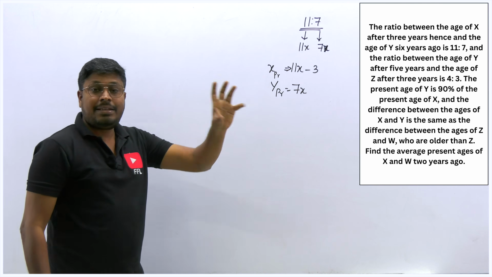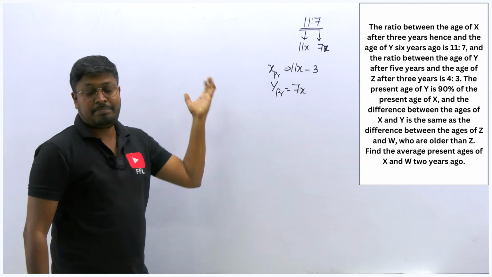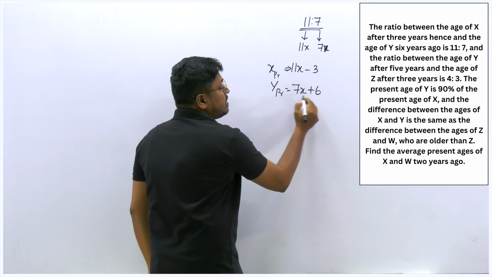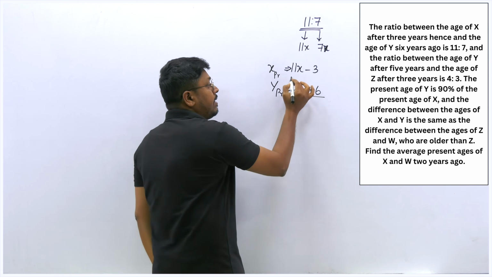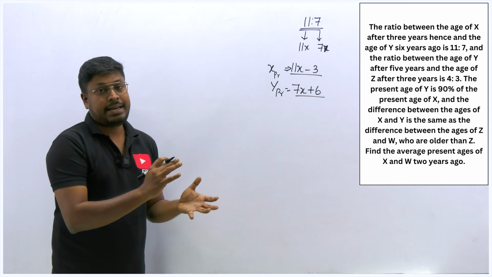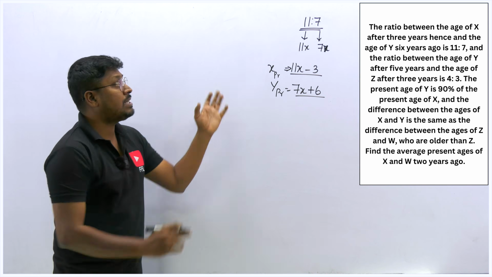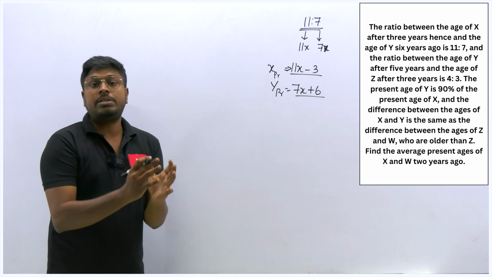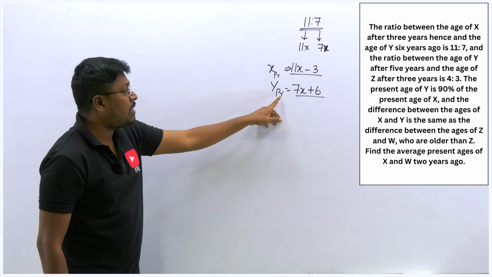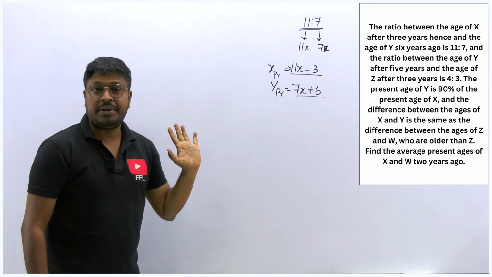That means they have given the past, so bring it to the present, that means plus 6. So 7x plus 6 will be the present age of Y, and 11x minus 3 the present age of X, because one age was given in the past and one in the future. So we brought both persons' ages to the present. Now the present age of X has been found, and the present age of Y is this equation, right?